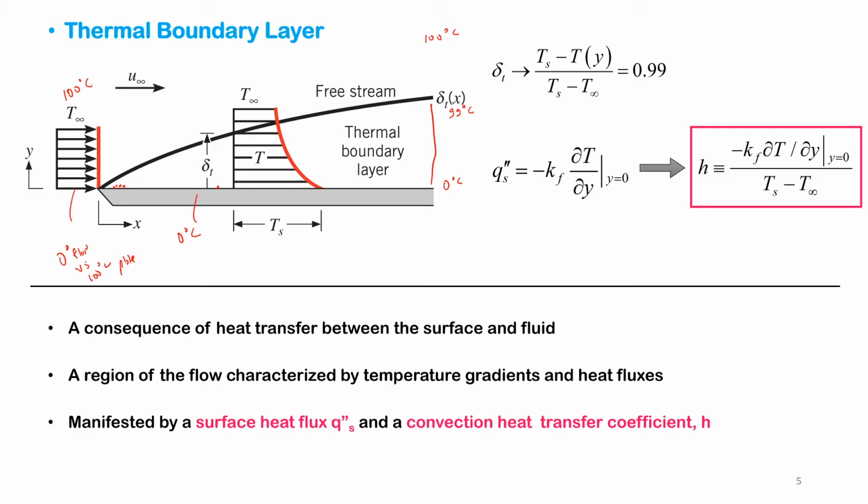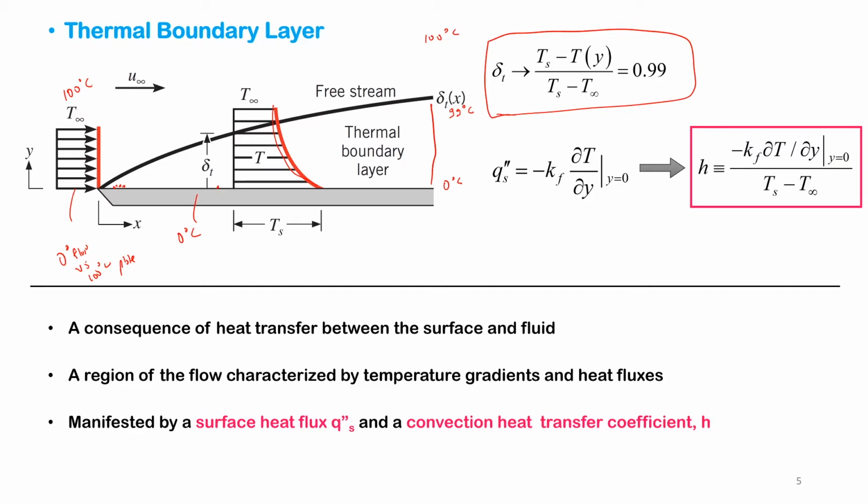The direction of this gradient will change depending on if the fluid is hot or if the fluid is cold with respect to the plate. So the direction of this temperature profile may change depending on what is the hot place, what is the cold place. Okay, and the definition in terms of finding the thickness is very similar to the velocity profile.